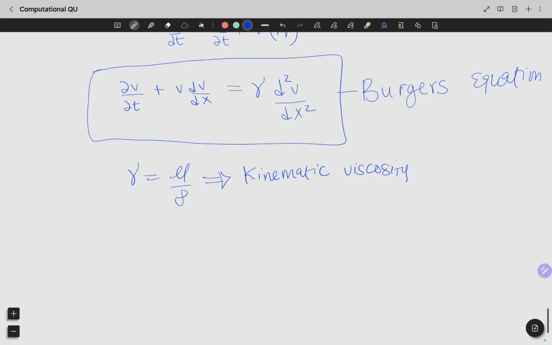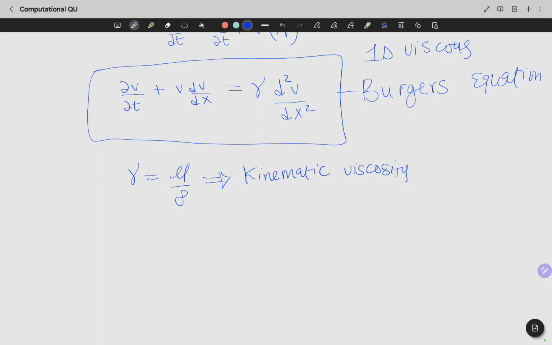And that's the Burger's equation. So we can call it the 1D viscous Burger's equation.